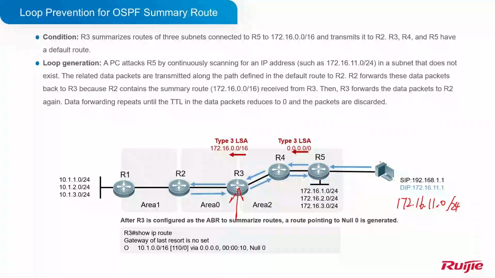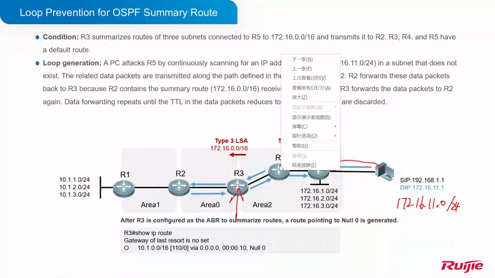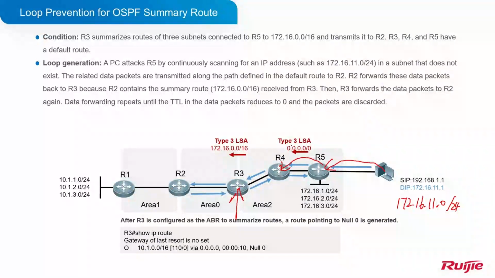So this is a regular PC, and the PC sends the packet to R5 because R5 is the gateway for the PC. Then R5 will check the routing table and find that to reach this destination, it has to transfer the packet to R4 device, following the default route.